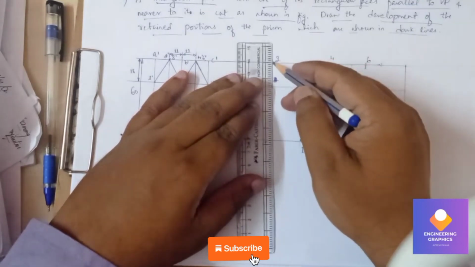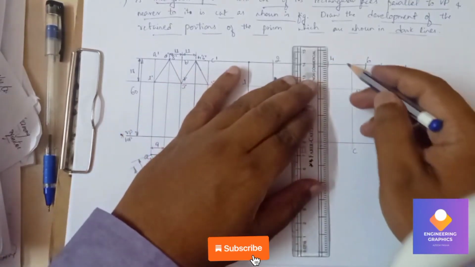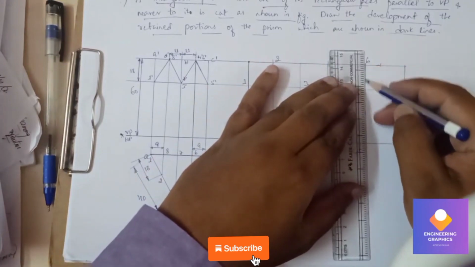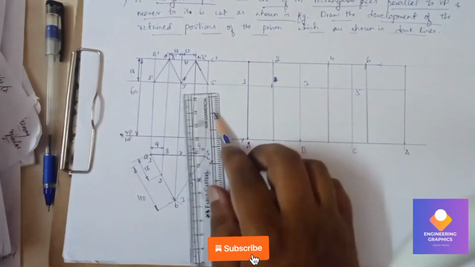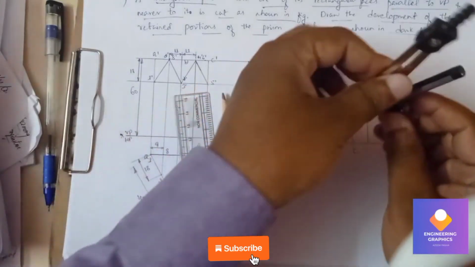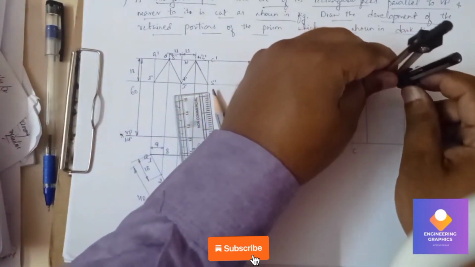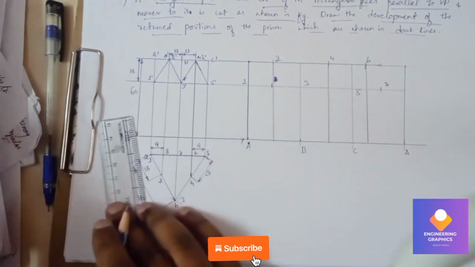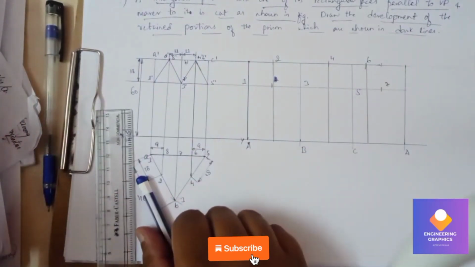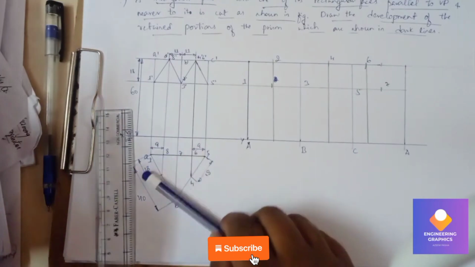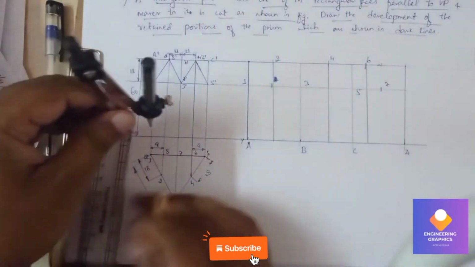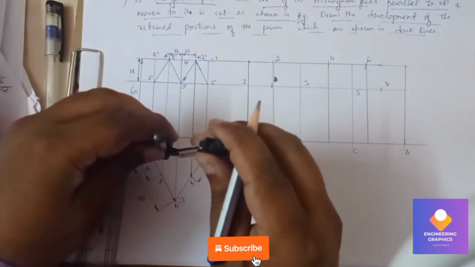We draw vertical parallel edges. Now from here 6 to 7 we can mark. Next we have 7 to 8. 7 to 8 also we can measure, but 8 is there above. Yes, there it is. So you can measure 7 to 8.